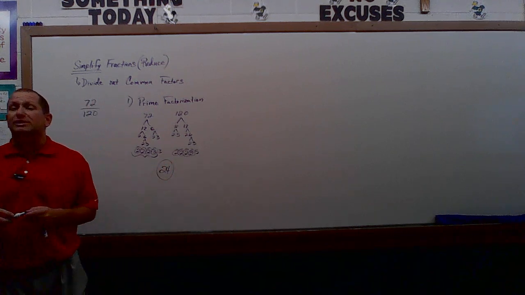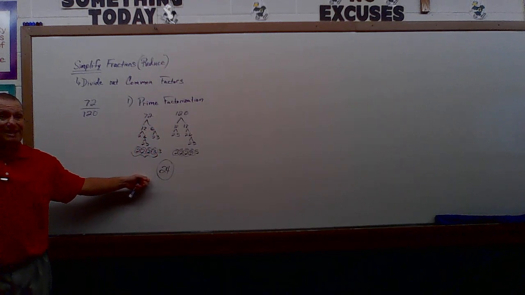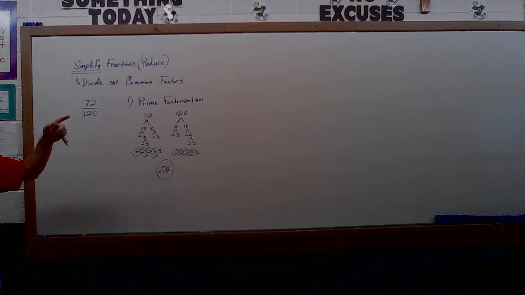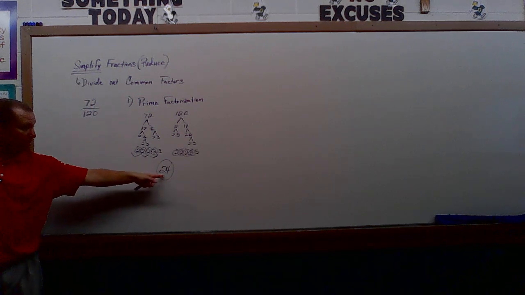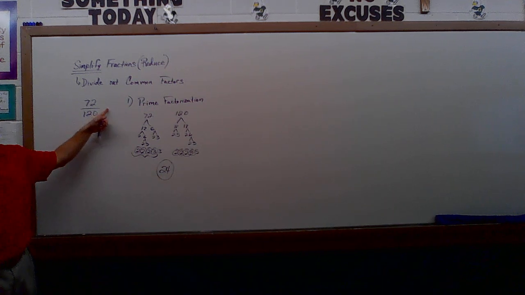So, if you do this process right here, prime factorization, this number down here should be the biggest that you can take out of both of those. And so when I actually try to simplify with this number that I got from prime factorization, when I simplify and divide, that should be my answer in simplest or lowest terms.